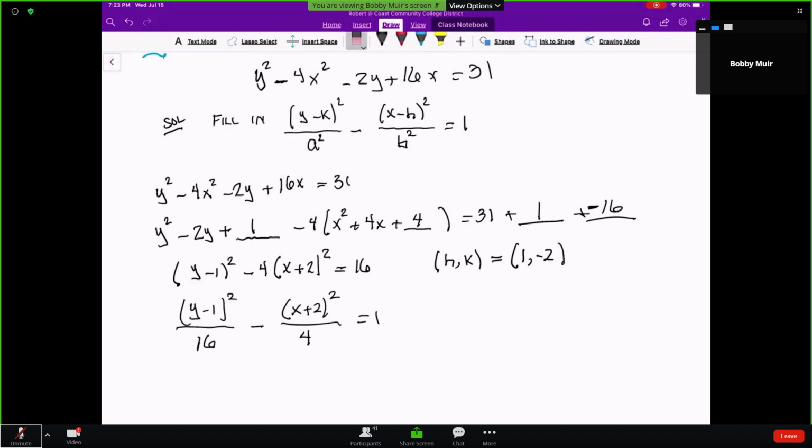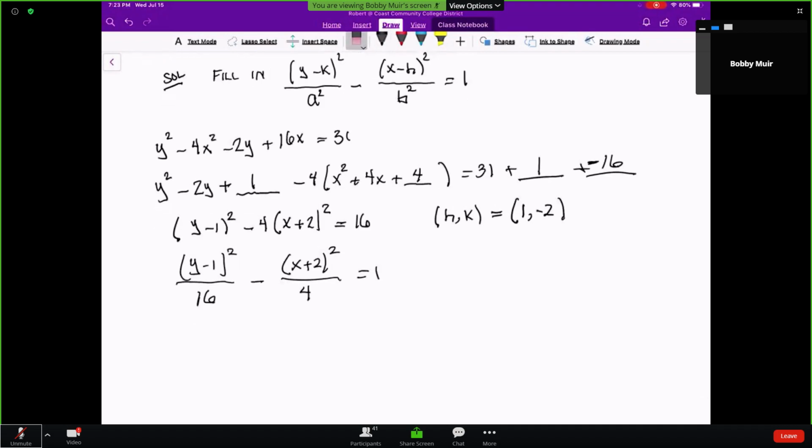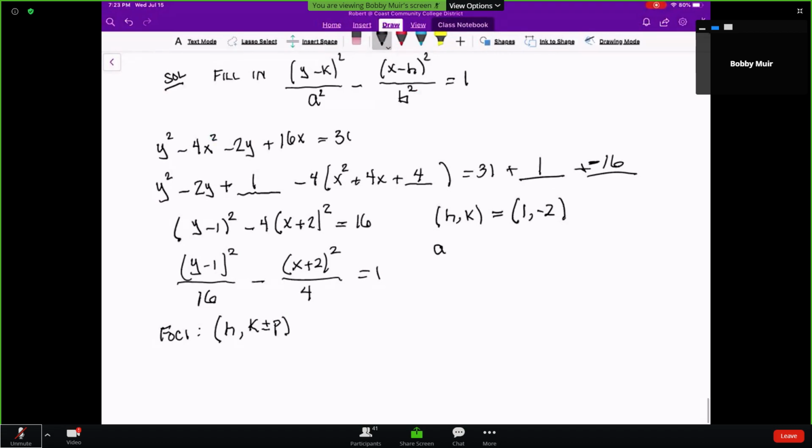Now the focal points. This is an up and down hyperbola, so the foci are going to have the same x coordinate that the center does, but we go up c and down c from k. So a squared is 16, b squared is 4.